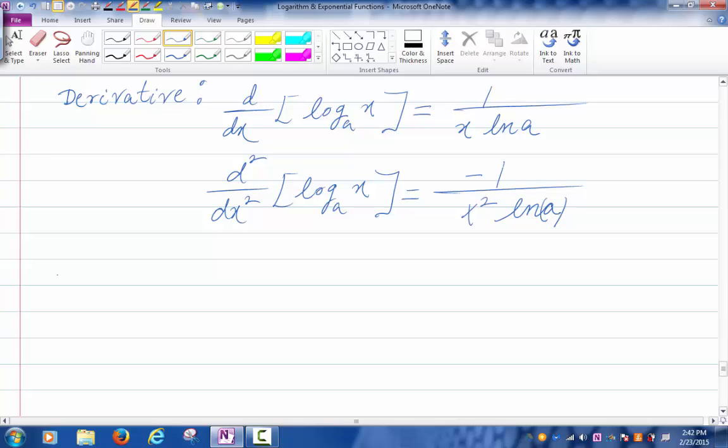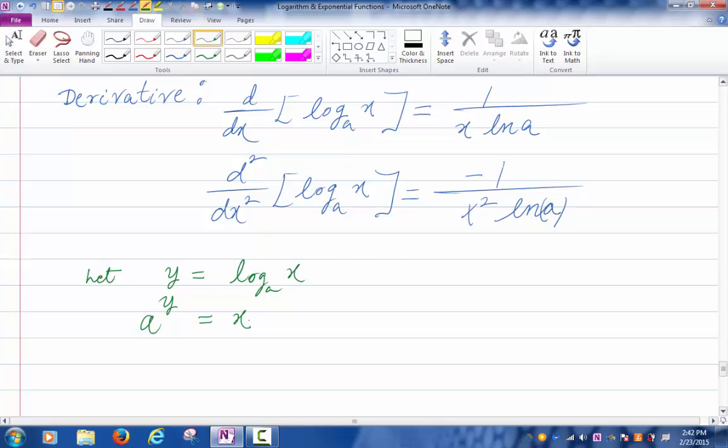So here's what that is. I'm going to look at the proof of the derivative. I'm going to let y be log base a of x, and then I'm going to say a to the y is equal to x, because log base a of x is the inverse of a to the x.